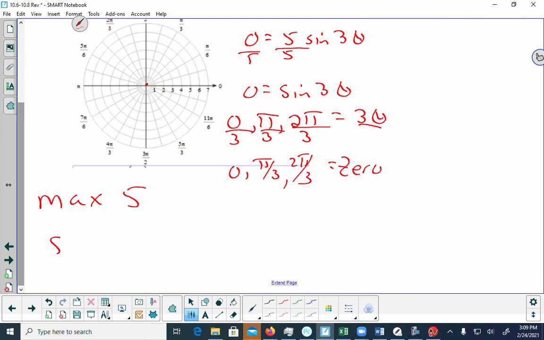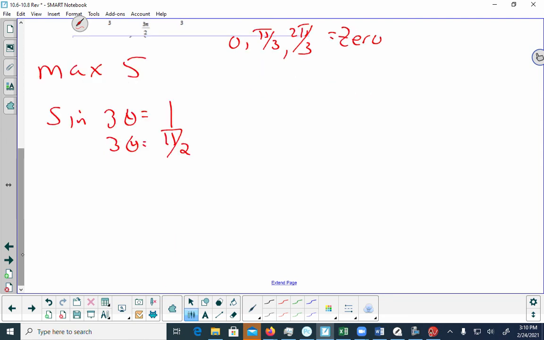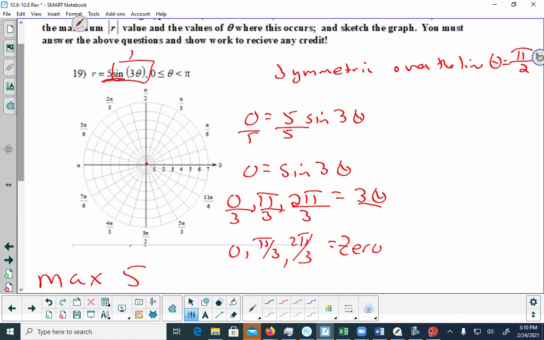So then I'm asking myself, when is the sine normally equal to 1? And that normally happens when the angle is equal to pi over 2. And so I'm going to set 3 theta equal to pi over 2, and I'm going to get theta is equal to pi over 6. So my max of 5 will happen at pi over 6. It's going to happen more than that, but that's one place. I'm going to plot that point now.